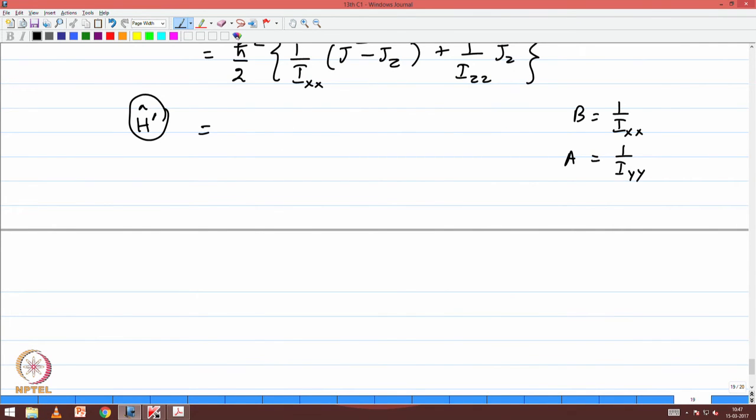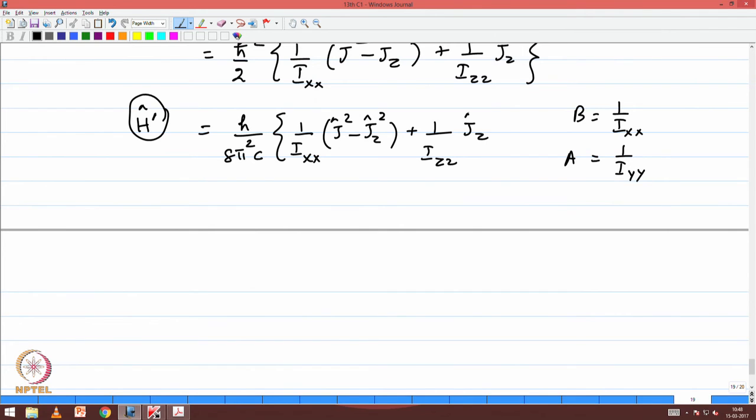Let us write this down as h by 8 pi squared c times 1 by I_xx (J squared minus J_z squared) operator plus 1 by I_zz J_z squared operator, and then rewrite the constants A and B as, now this is in wave number unit dimension, the Hamiltonian.